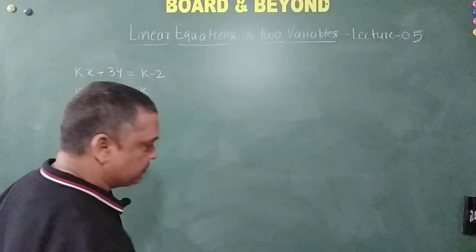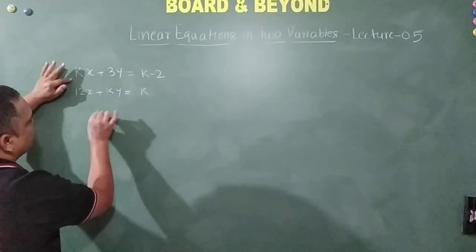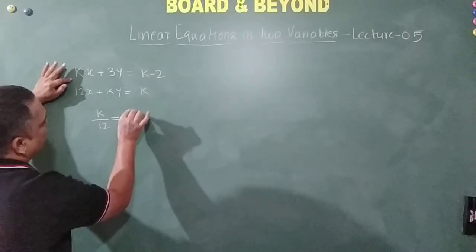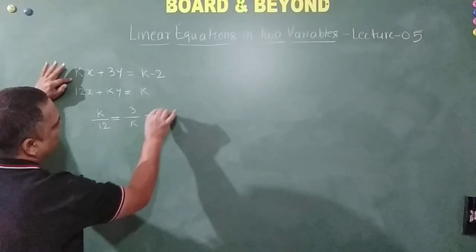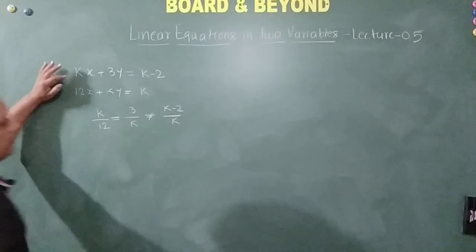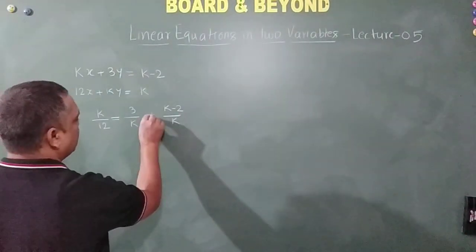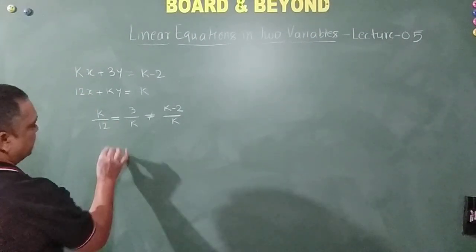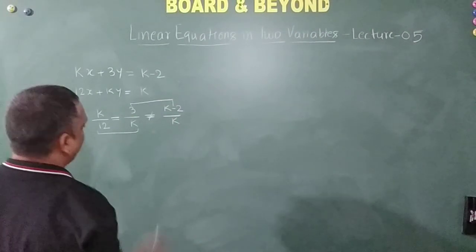So for no solution, what is the condition? a1 by a2, that is equal to k by 12, okay, should be equal to 3 by k, but should not be equal to k minus 2 by k. You are getting my point? So this is the condition that it has to meet. Okay. So taking this one by one, first let's take this part, and then we will take this part.